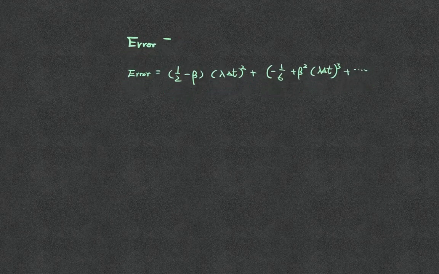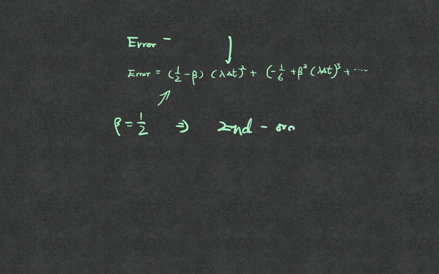Now here, if I want to increase the accuracy, what should I do? I can simply set beta equals 1/2, right? It will cancel out the 2 term, and I will have the higher order term. In fact, if we do that, then this term vanishes, and the term that vanishes is exactly the order of the accuracy. So if beta equals 1/2, we will call it second order accurate.